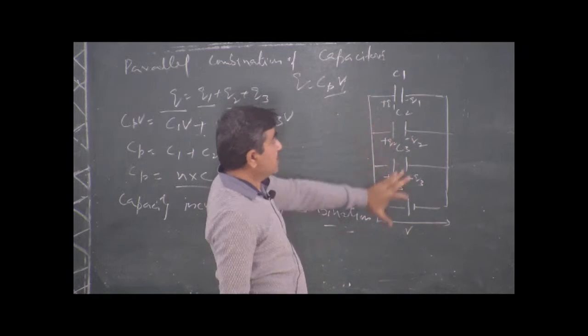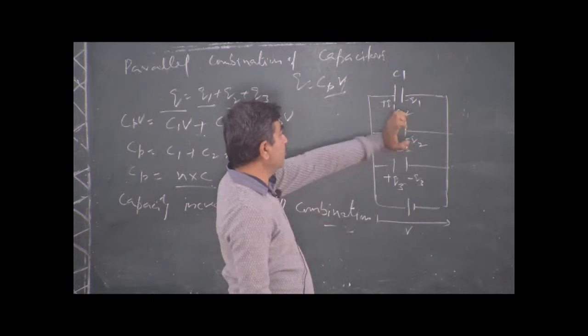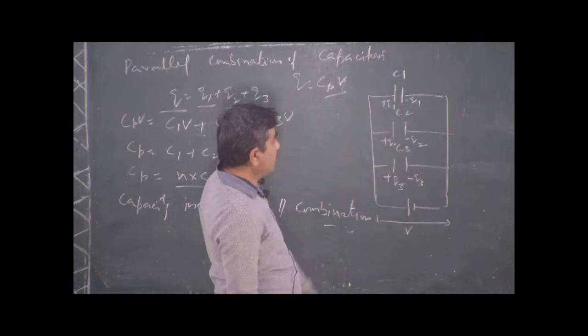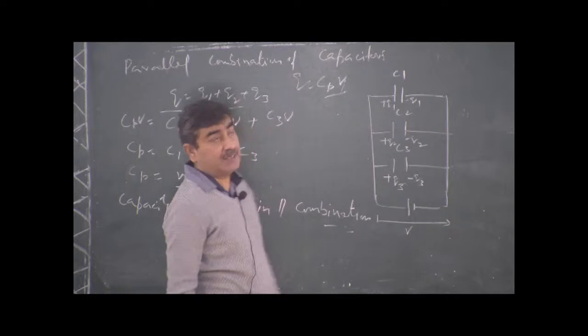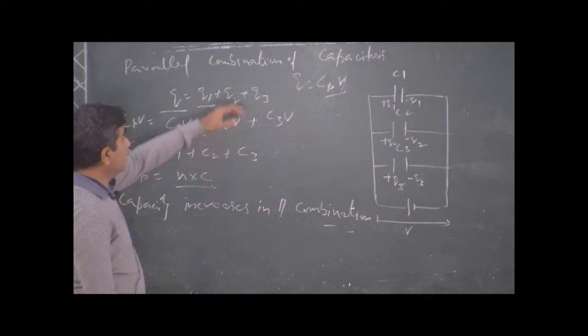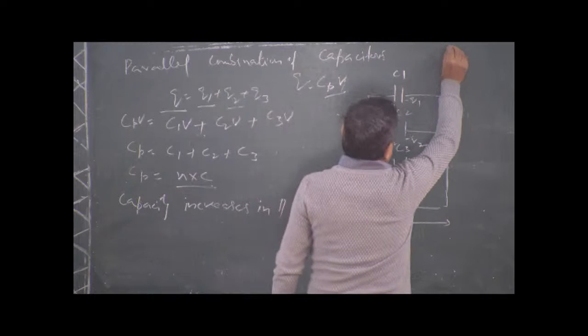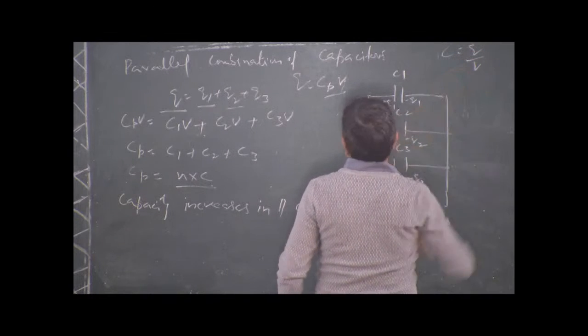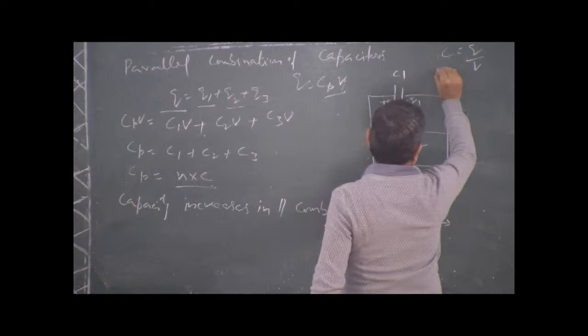So total charge of the combination will be equal to Q, here Q will be equal to Q1 plus Q2 plus Q3. We know that capacity C is equal to Q upon V, so Q will be equal to CV.